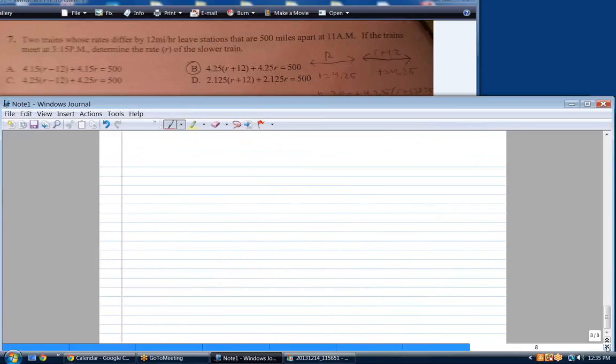The moment you see a problem like this, what's the master equation? You're looking at a word problem that has speed and distances. Distance equals rate times time, right, D equals RT.